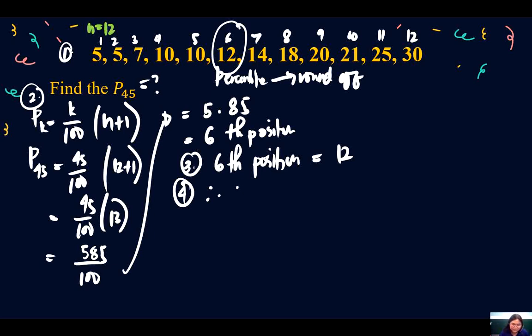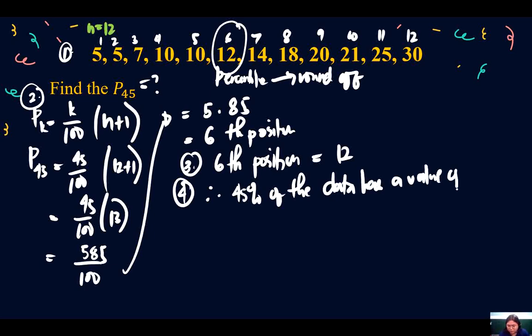So, ibig sabihin, 45% of the data has a value of less than or equal to 12. Okay? Ibig sabihin, yung 45% of the entire population, ang score nila is less than or equal to 12.